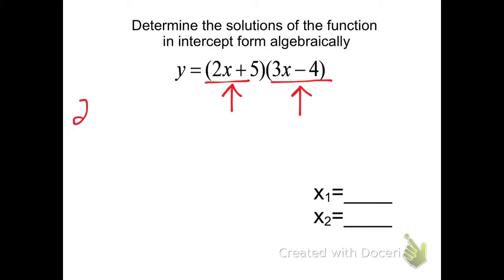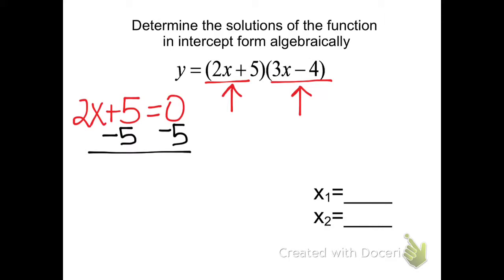So I would say 2x plus 5 equals 0. And I would need to solve that. So what I'm going to do is eliminate my positive 5 by placing -5 on both sides of the equation. That way the 5's eliminate on the left side, and 0 minus 5 is -5.